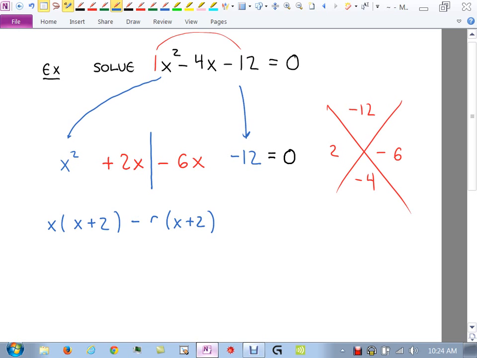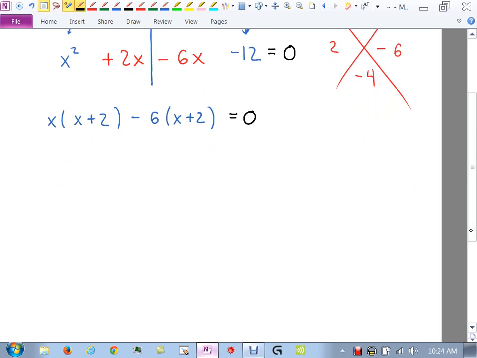It's all right, right? Because you're looking at the x, not the 2. So negative 6 times x gives me negative 6x. Negative 6 times positive 2 gives me negative 12. What do I still have next to that? Equals 0. And then the grouping gives me x plus 2, right, times, in parentheses, x minus 6 equals 0.